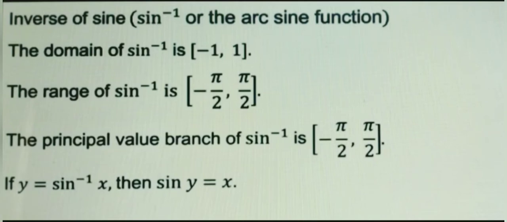The range of sine inverse is the closed interval minus pi by 2, pi by 2. The principal value branch of sine inverse is the closed interval minus pi by 2, pi by 2. This is very important. And you know, if y is equal to sine inverse x, sine y is equal to x.